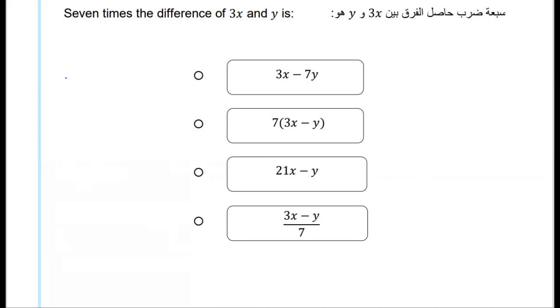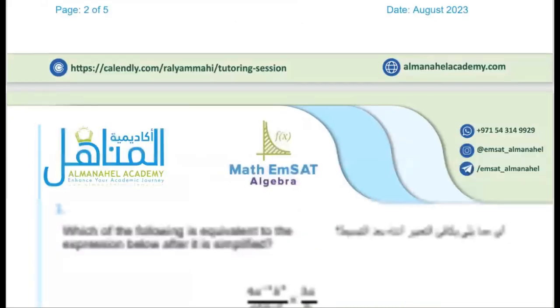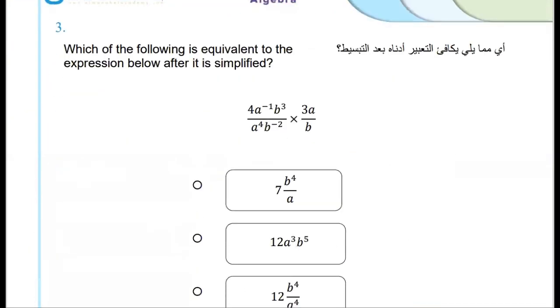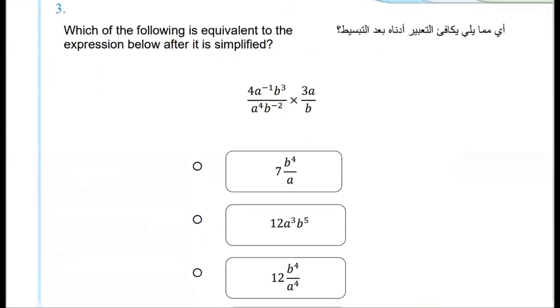I'm repeating the question: one half times the sum of 4y and x. Let's try to figure out number 3.